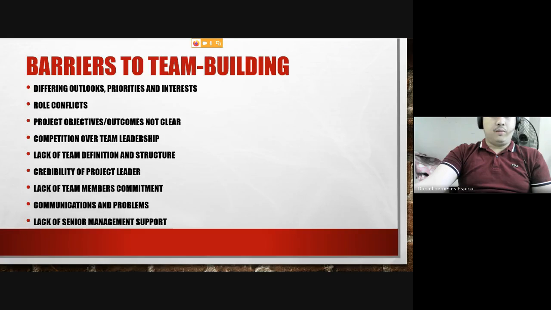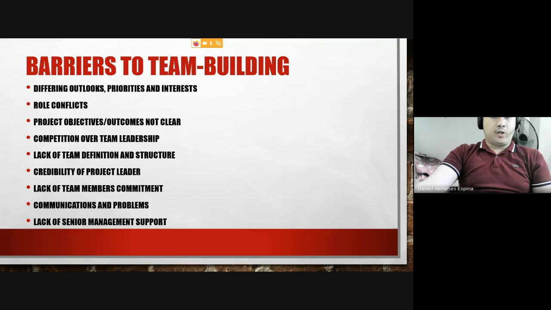Lack of team definition and structure, the credibility of the project leader. So you have the lack of team members commitment. So this can be addressed, as it's within the influence of the project manager how to make your team members commit to the project.